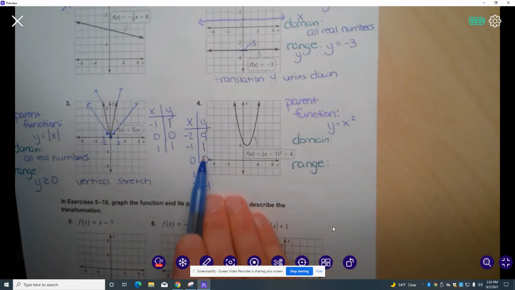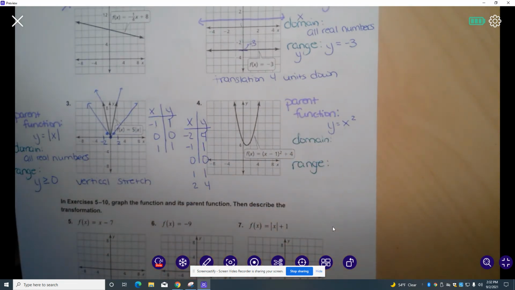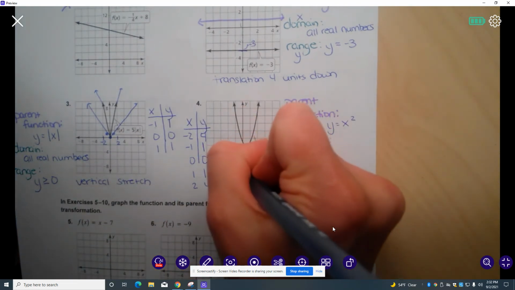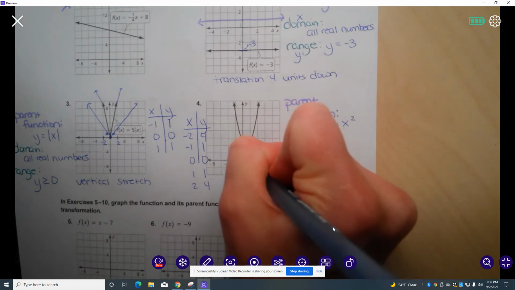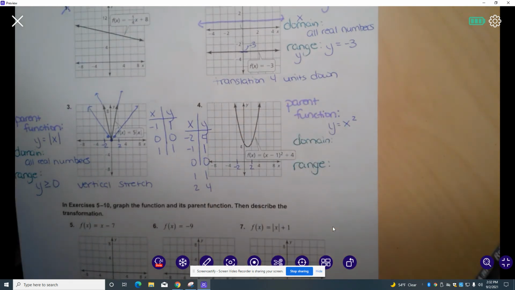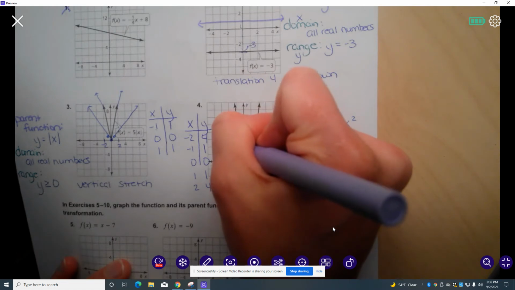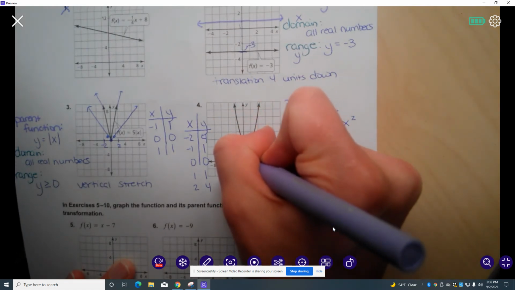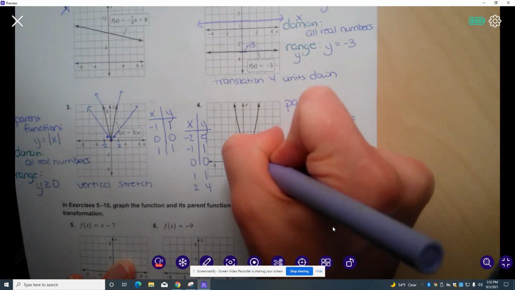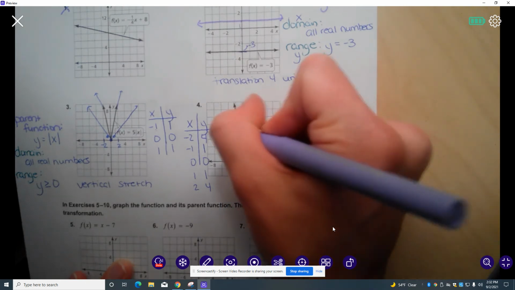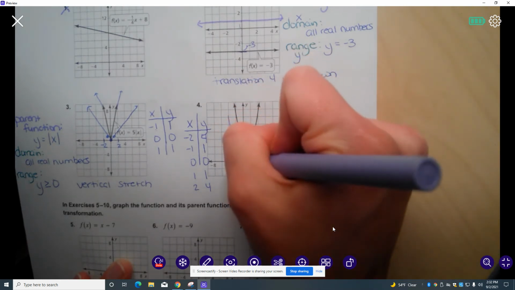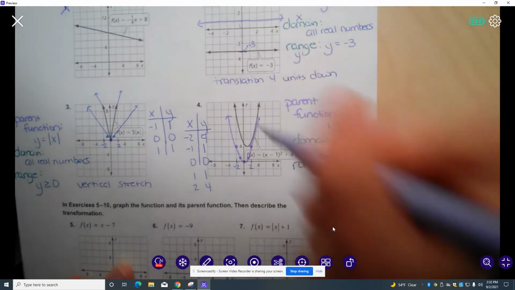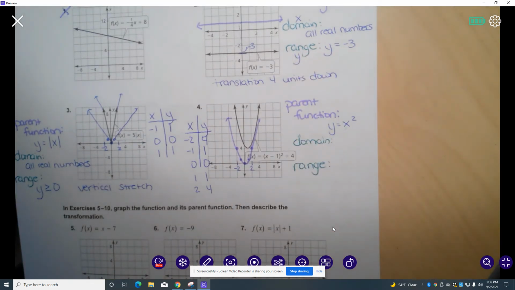I'm going to go ahead and graph these points on my graph. Notice again, this particular graph counts by 2's. So I'm going to plot -2, positive 4, -1, 1, 0, 0, and it's going to have that symmetry. Okay.